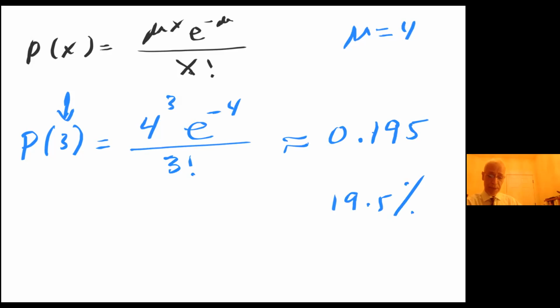Let's go to part B. Part B is saying at most 3. What does that mean? That means probability of 0 errors, or probability of 1, 2, 3, nothing more than that.